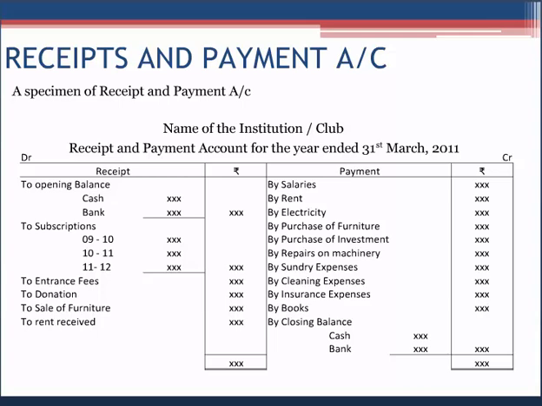Debit receipts, credit payments, starts with opening cash in bank, ends with closing cash in bank, records all receipts and payments irrespective of the period to which they belong, irrespective of their nature, and does not record any non-cash transactions. Guys, are you clear with this account? Because there are only 3 accounts, so 3 statements, we need to understand those 3 statements. One of them was receipts and payments.